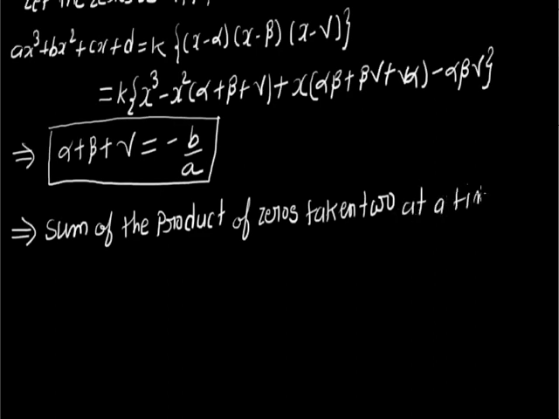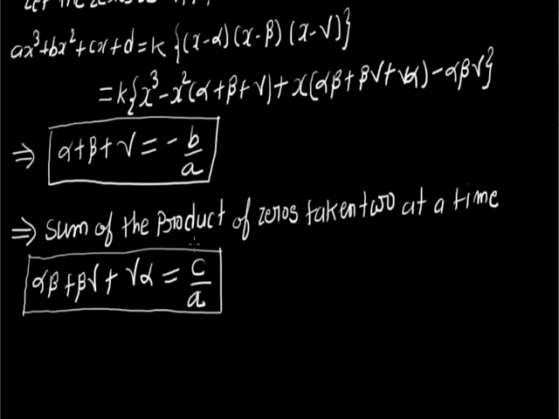It can be written like this: alpha into beta plus beta into gamma and finally gamma into alpha, and it comes out to be c divided by a. That is the second relation we obtained.